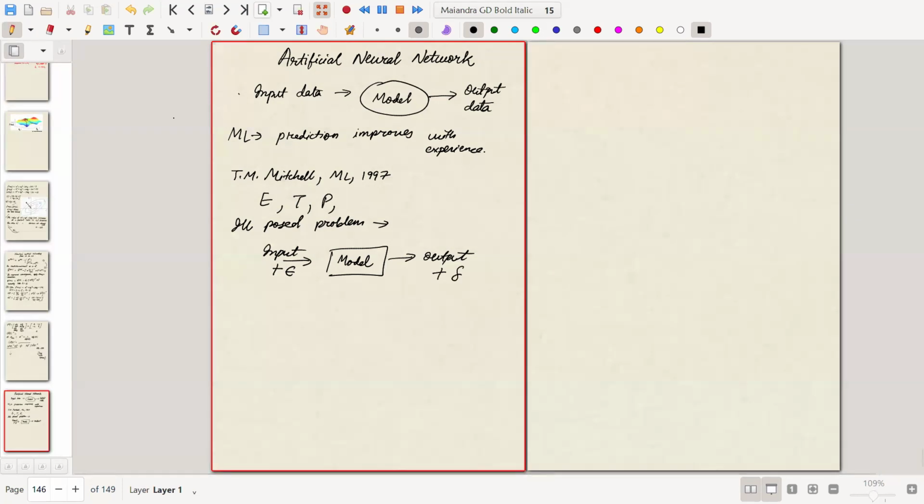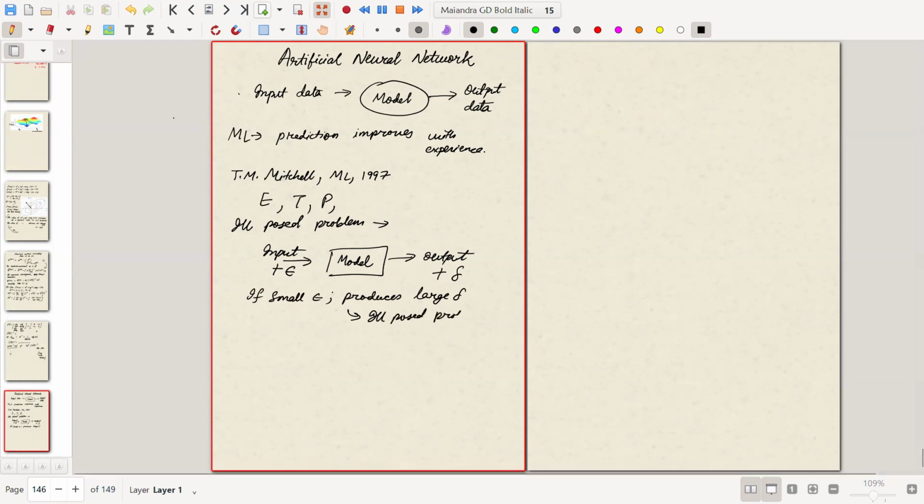If a small perturbation epsilon to the input produces a large delta, that is, a small change in your input produces a huge change in the output, then you can consider this problem an ill-posed problem.